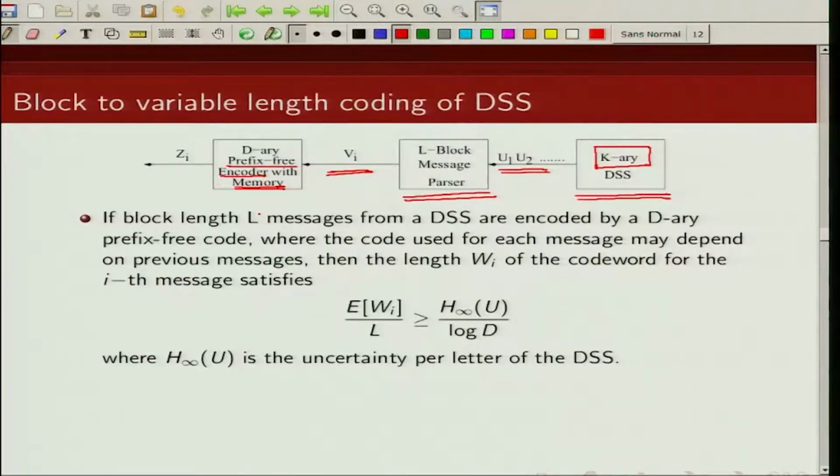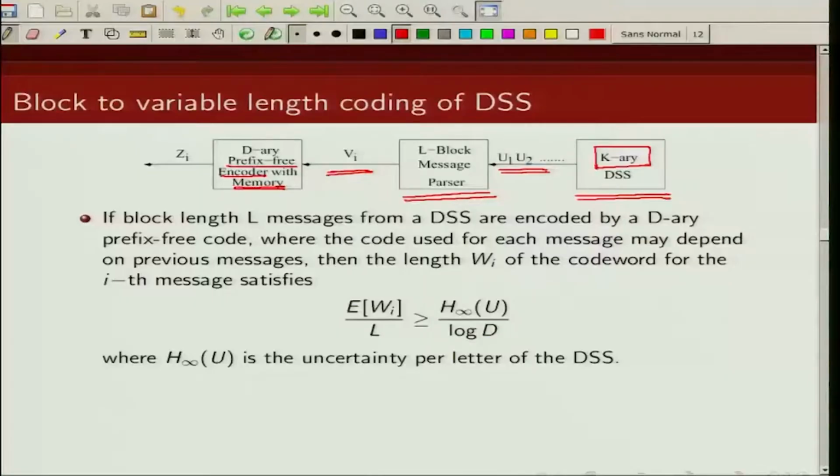So that's the difference from the discrete memoryless case. In the discrete memoryless case, once we parse them into blocks of L bits, then we are doing prefix free coding. But here we need to do prefix free coding exploiting the memory of the source.